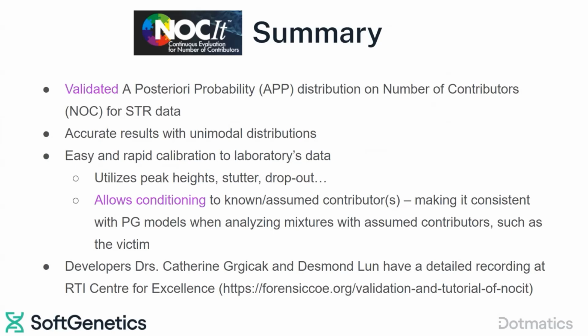It gives accurate results with a unimodal distribution. It's easy to use and runs quickly. It gets calibrated to a particular lab's SOP, taking into account things like peak heights and stutter and dropout. You can condition it to known contributors like victims, and you can use the results in further analysis, like probabilistic genotyping mixture analysis.